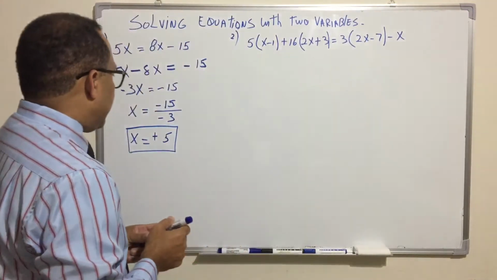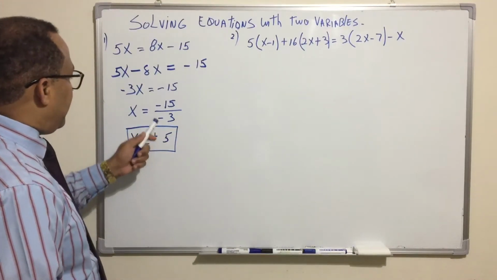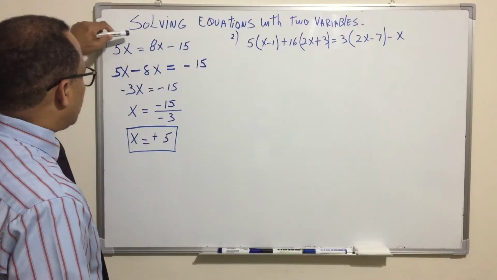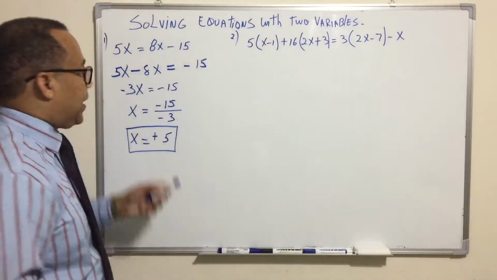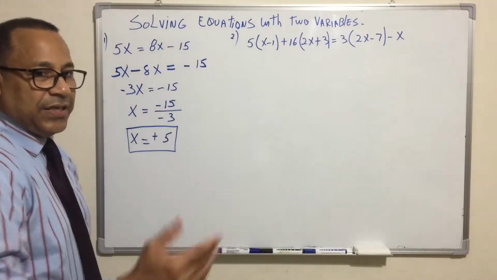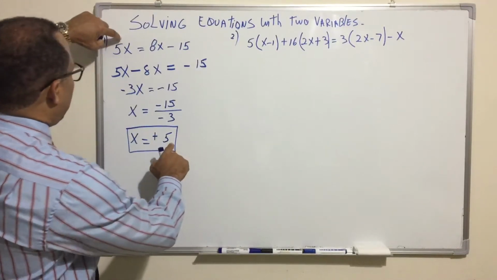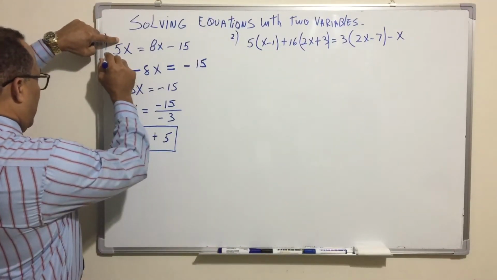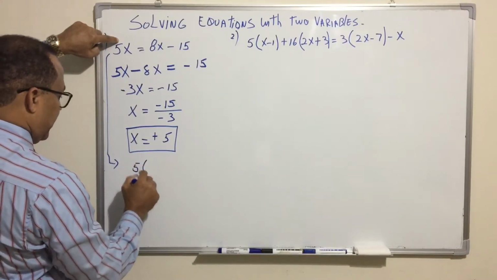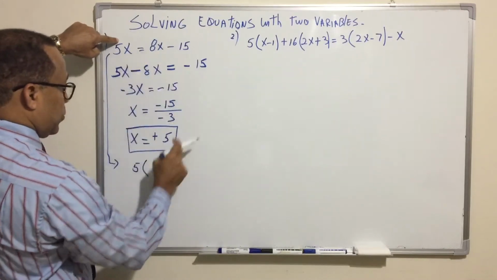What does this mean? It means that if I replace the value of 5 where the x is, I must get the same result on both sides. Let's see if that's correct. The x is equal to 5 and this is 5x. So this will be 5 times, because 5x is 5 times x, the x is equal to 5.